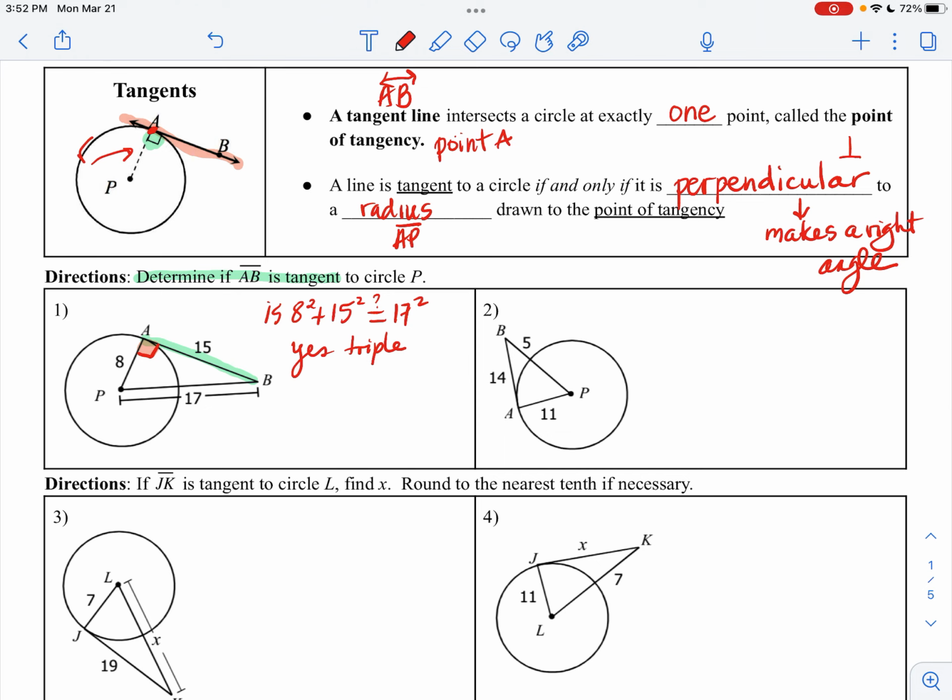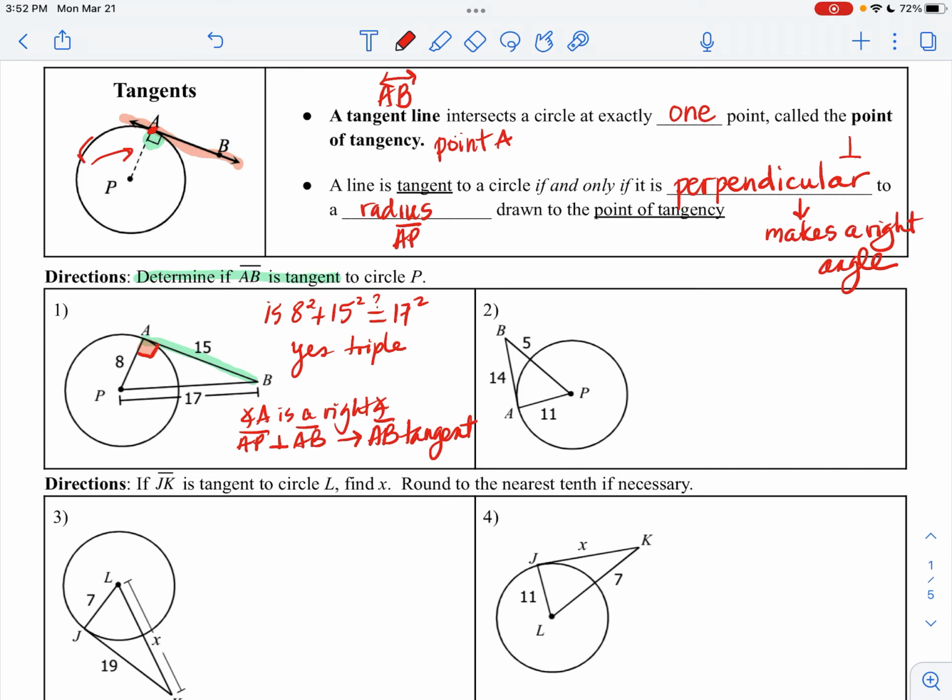So we use the converse to show that AB is a tangent. So we know that angle A is a right angle. Therefore, AP and AB are perpendicular. Therefore, AB is a tangent.